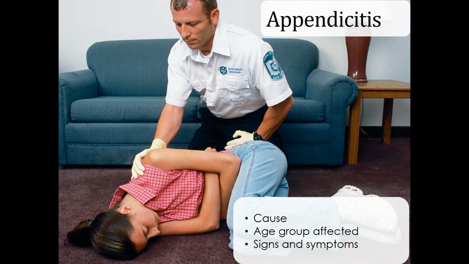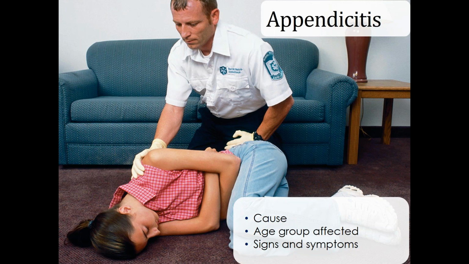And with that appendix swelling and getting more inflamed and more irritated, the wall gets really, really thin. Now, in really young children, or younger children anyhow, and elderly patients, when that appendix wall is beginning to thin, it's very prone to perforation.